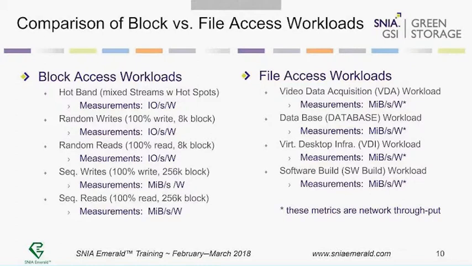For the large block workloads, which are the hot band, random reads, random writes, and the sequential workloads, you'll see they were measured in terms of megabytes per second per watt. If you take a look at the file access workload description, they're all being measured in terms of megabytes per second per watt. And I'll also go into a little bit of detail about why we've chosen that and exactly where those measurements are coming from.